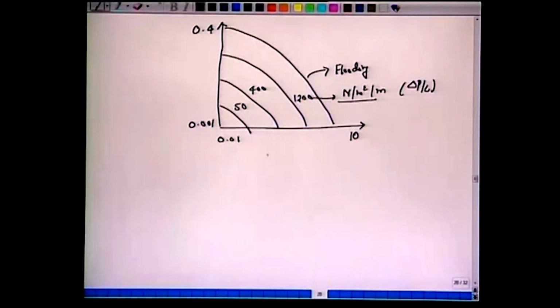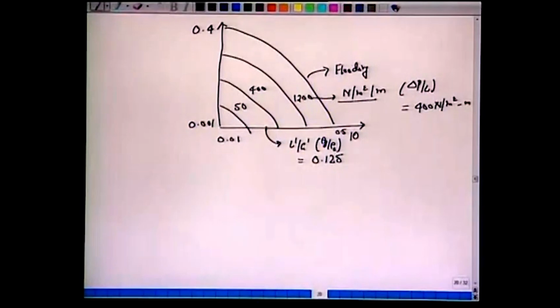So, now we know this quantity, L prime over G prime times rho G over rho L to the power 0.5, which we calculated as 0.125. So, we mark this point. The pressure drop per unit length, if you recall, was given in the example as 400 Newton per meter square per meter.